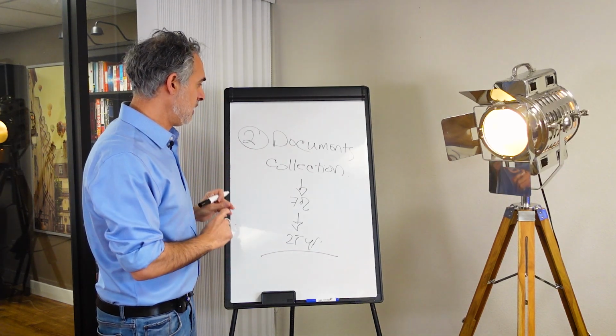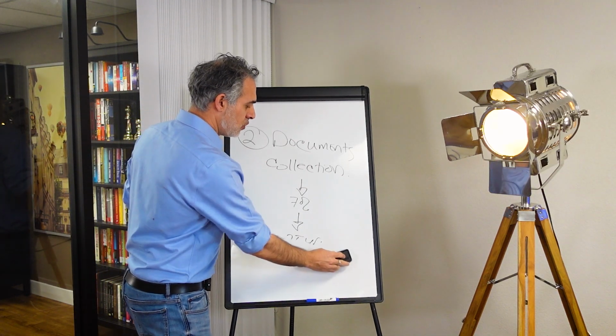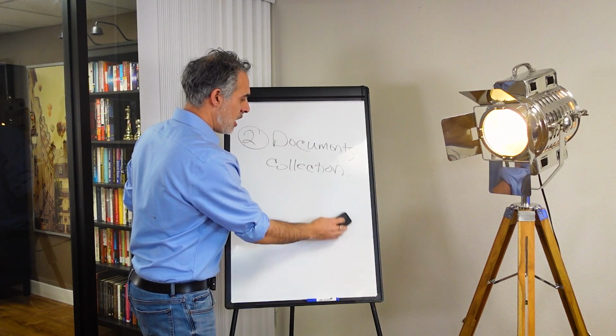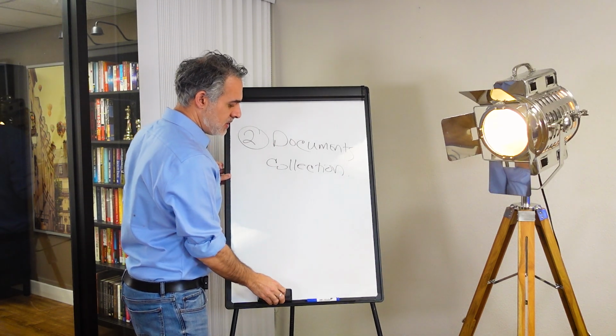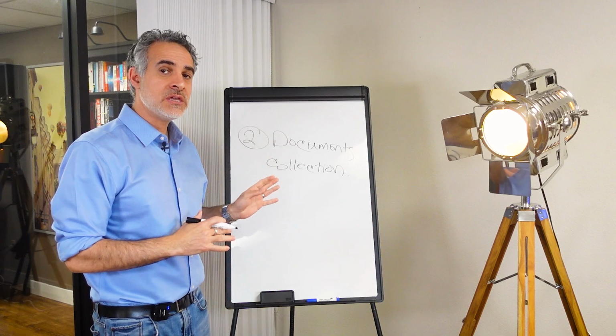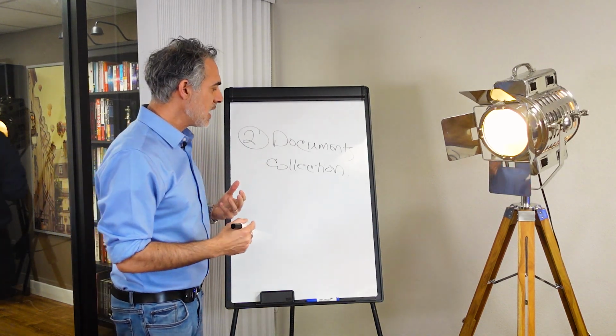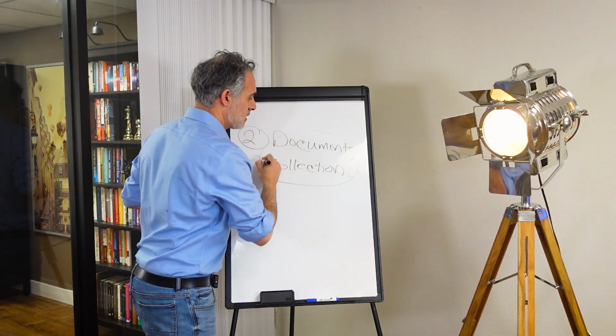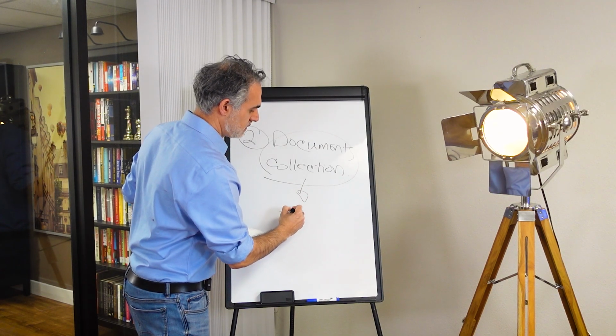How do you know what they're paying now? Because once you collect their documents, most people, and by the way, when we say document collection, the income docs are the most important.